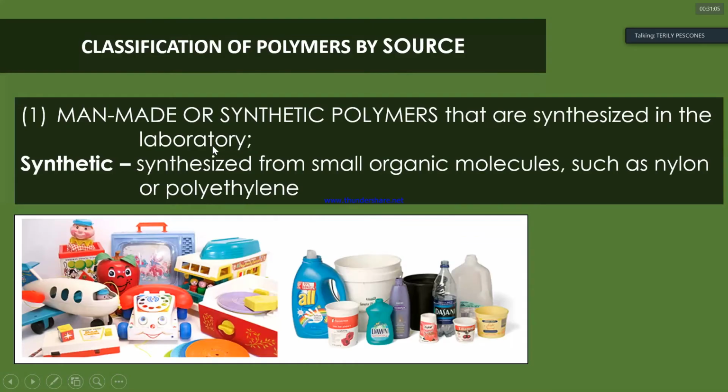Okay, we have the synthetic or the man-made polymers that are synthesized in laboratory. So, pag sinabi nating synthetic, ito yung mga ginawa or prepared sa laboratory. So, synthesized from small organic molecules such as nylon or polyethylene.